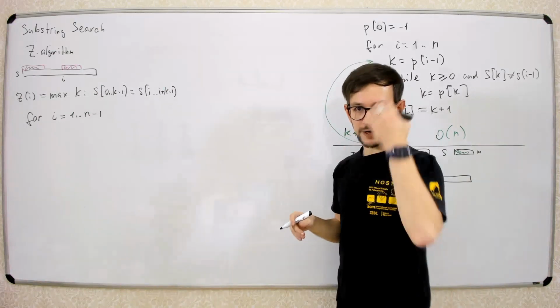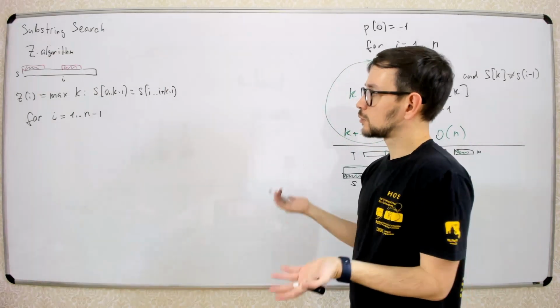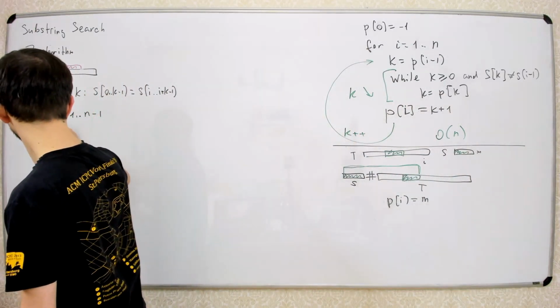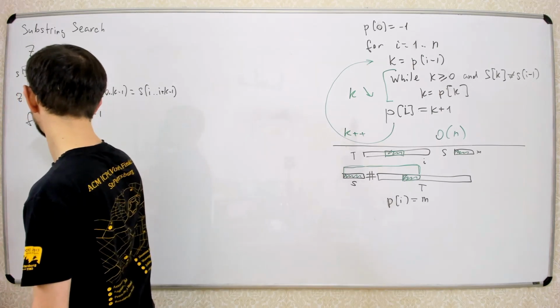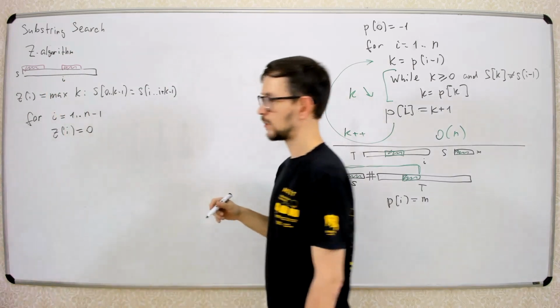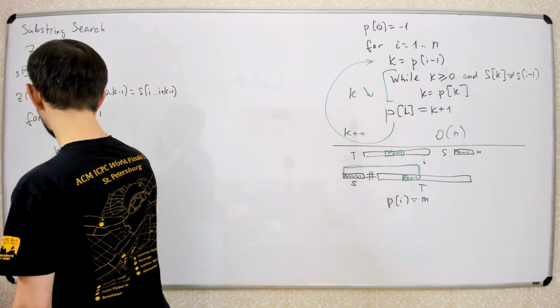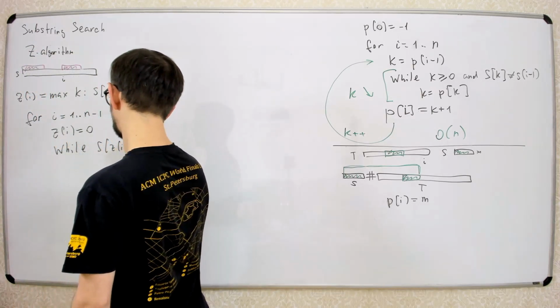So let's go from left to right and try to calculate these values. How to calculate this value? Let's say z of i is equal to 0, and we just increment it by 1 while we have the same character here and here.